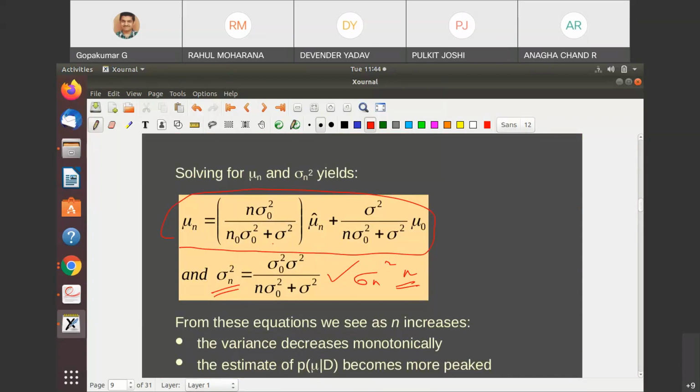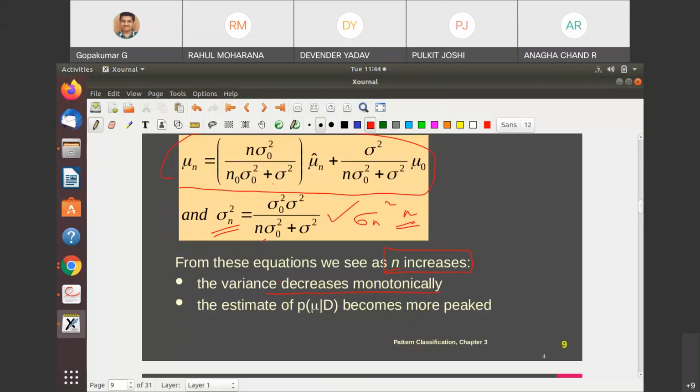So the variance actually decreases monotonically when n increases. The significance is that for different n values, the variance decreases.